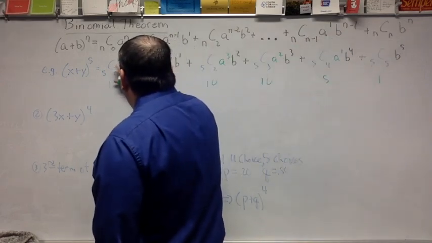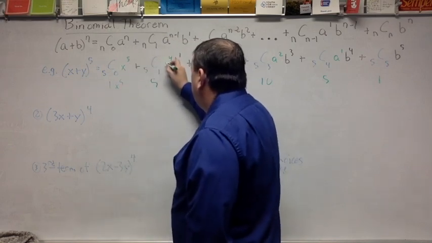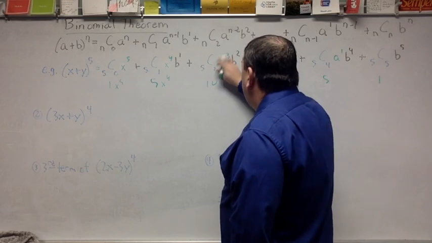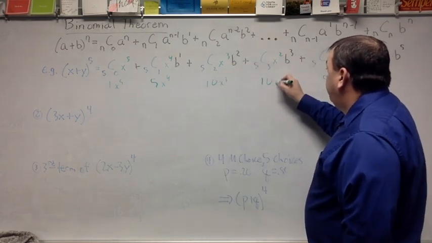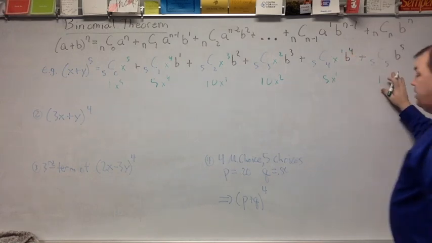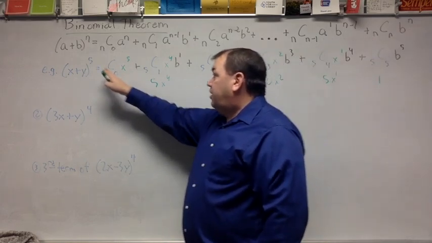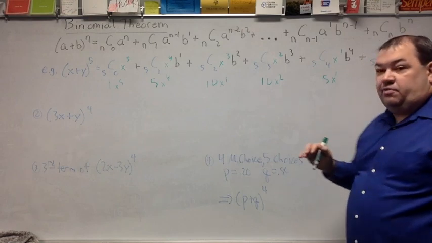So this would be x to the 5th, this would be x to the 4th, x cubed, x squared, x to the 1st, and this one doesn't have an x on it. So I go from the biggest power of x, 5, 4, 3, 2, 1, and this doesn't have any.